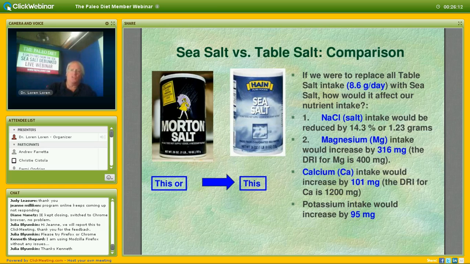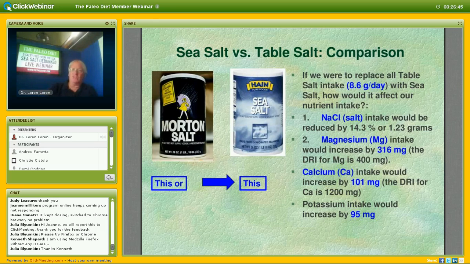It actually would slightly reduce the sodium chloride intake, because the sodium chloride content in table salt is higher than it is in sea salt. The magnesium intake looks like it would increase fairly substantially if we were to consume sea salt. Notice it would increase by 316 milligrams. The daily recommended intake for magnesium is 400 milligrams, so on paper at least this looks like it'd be a really good thing.